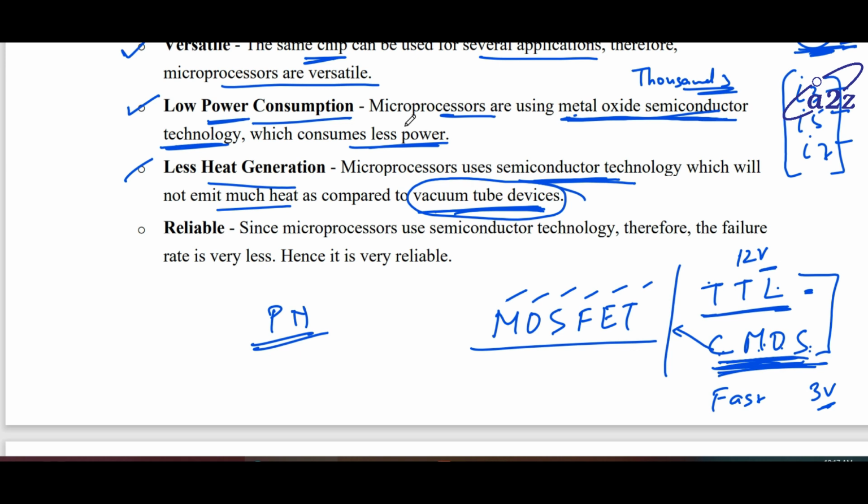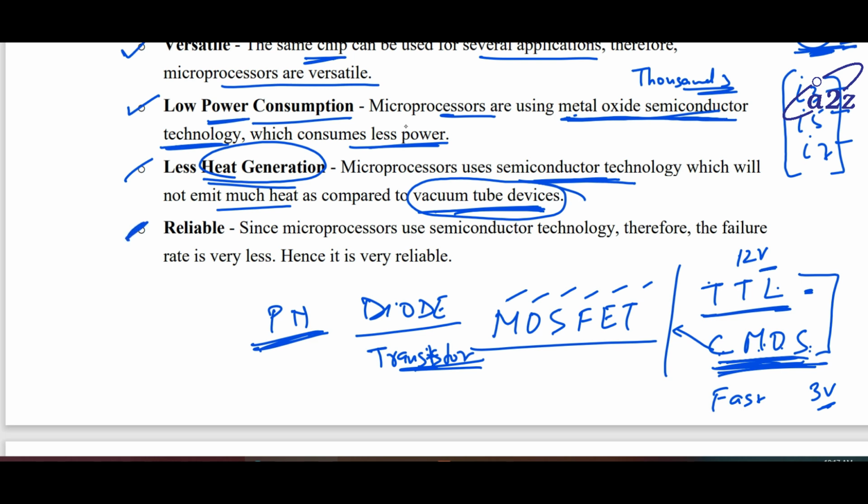But semiconductor technology, that is PN junction, your diode, you have heard about diode, transistor, these technologies don't generate much heat. So microprocessors are less in heat generation as well.